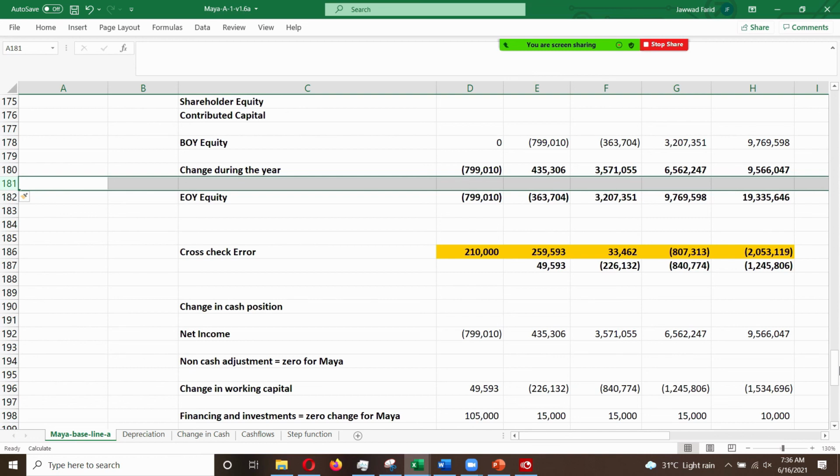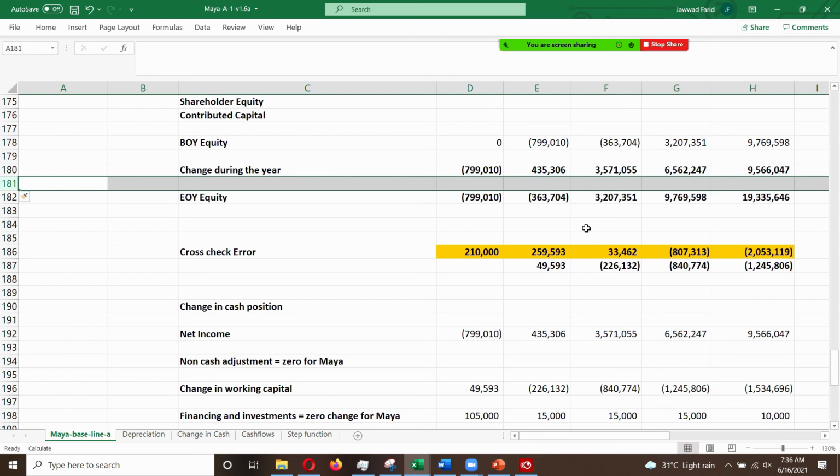In the Maya case, because we don't have sufficient data, we don't have sufficient detail, and because we haven't sort of structured and created the balance sheet properly, we haven't given it that level of attention and detail, right? There is going to be an error, there's going to be a problem, and that's perfectly all right. That's perfectly fine for a first pass. The purpose of the exercise was to illustrate two things: showcase how you would calculate or estimate or update or drive the statement of cash, the change in cash.